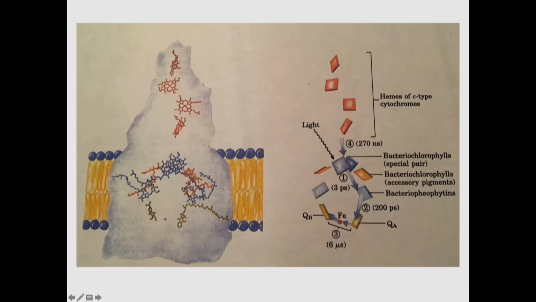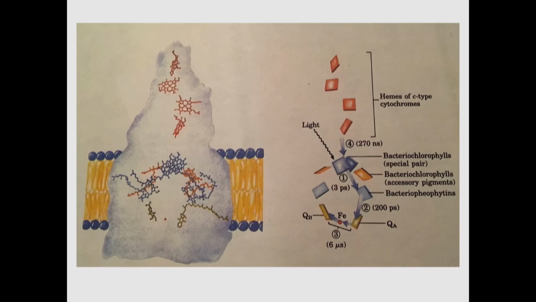So electrons will be transferred from the chlorophyll after it's excited down to these quinones, creating a charge separation that ultimately is going to allow you to then have a high energy electron that can be built into an electron transport chain. And so let's draw that graphically out over here.